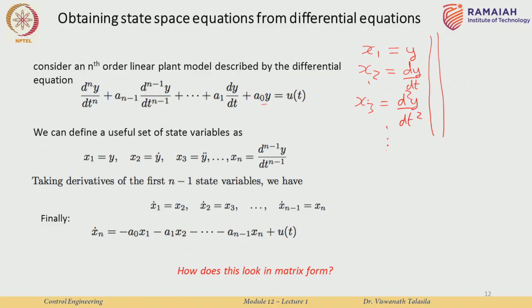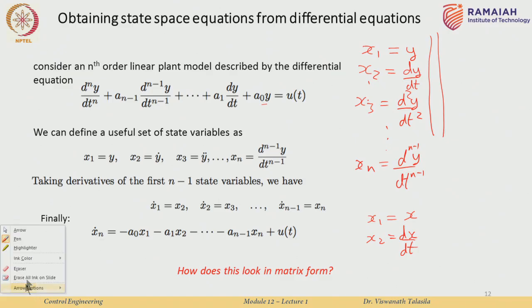I can go on all the way to n, and what I would get is d^(n-1) y by dt^(n-1). This is exactly the same as the mass spring damper example where we had written x1 was equal to x and x2 was equal to dx by dt, except I have got n states here. So, I have a slightly longer looking expression, but it is exactly the same.